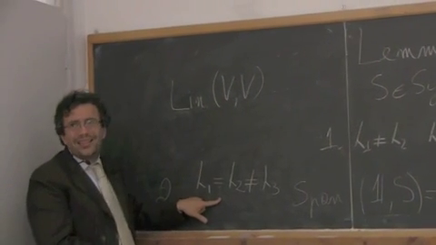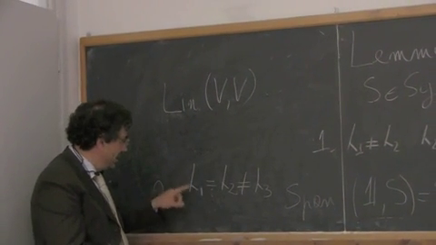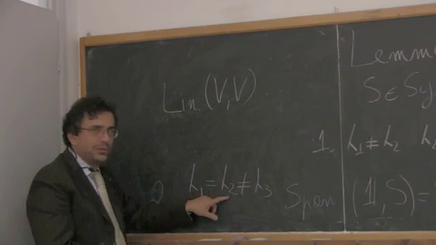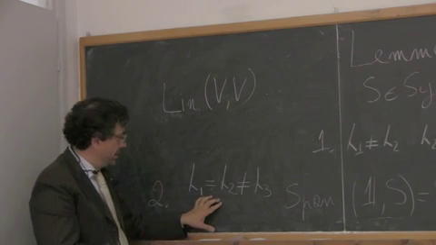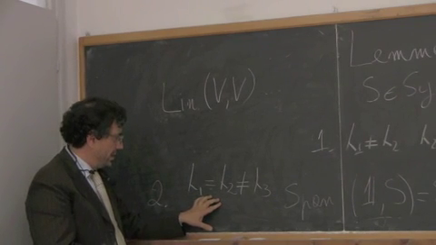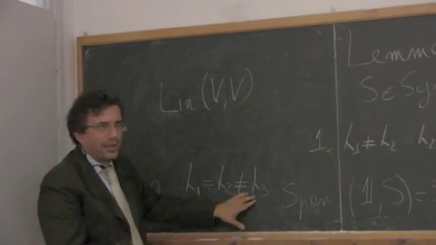Assume instead that lambda 1 is equal to lambda 2 and these two coinciding eigenvalues are different from lambda 3.